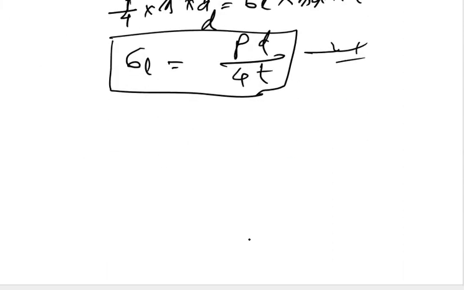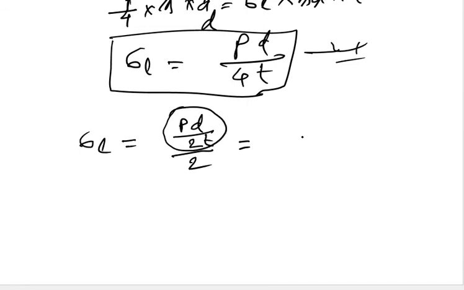When pressure P is acting. Now what we observed from the derivation is that we can write longitudinal stress as PD upon 2T, divided by 2. Can I write? And the value of this PD upon 2T, that is known as hoop stress.